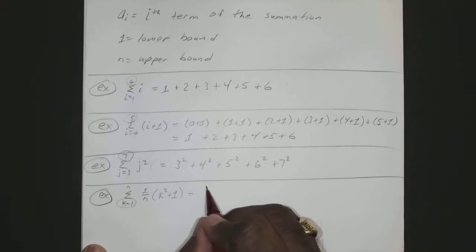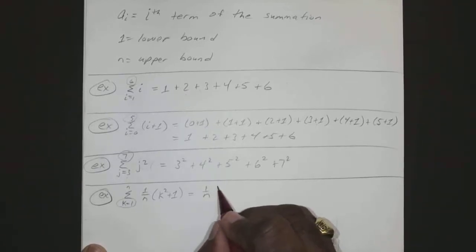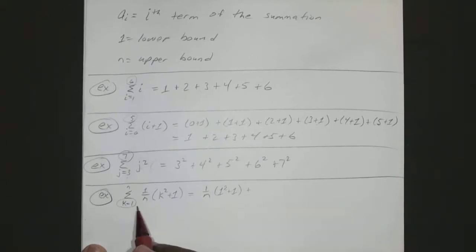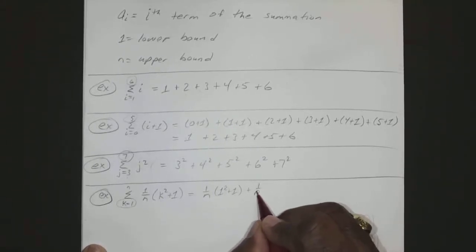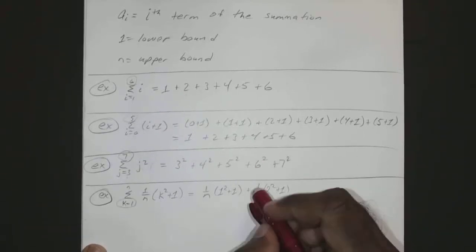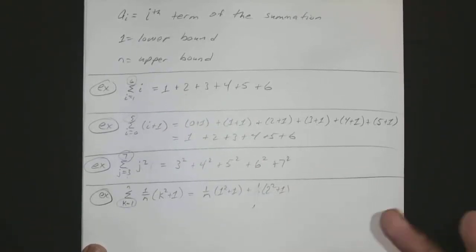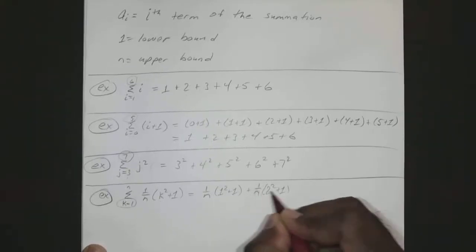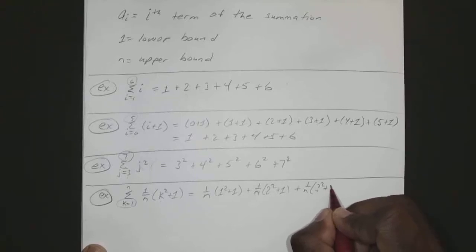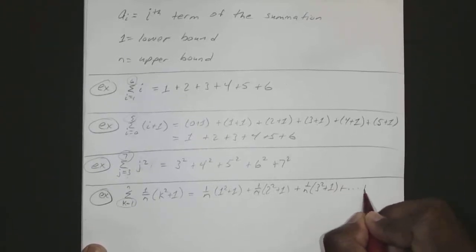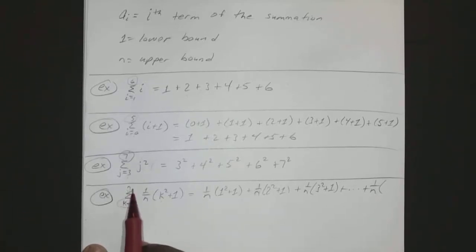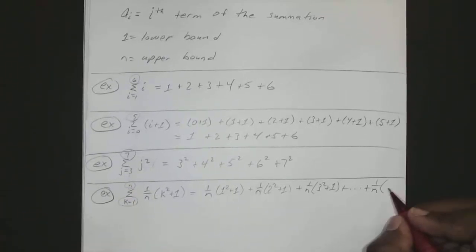Okay, so that's going to equal 1 over n times 1 squared plus 1, plus 1 over n times 2 squared plus 1, plus 1 over n times 3 squared plus 1. And we're going to keep on going all the way till we get to 1 over n times n squared plus 1.